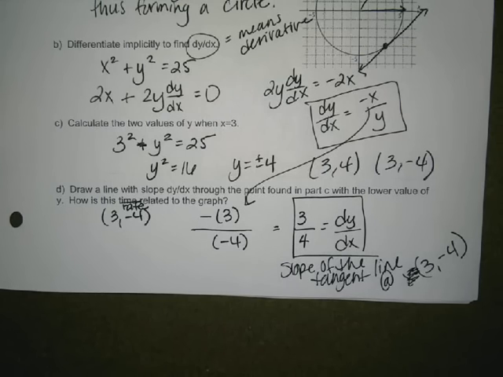So when you have an x value multiplied by a y value, you have to do the product rule. When you take the derivative of y, do you have to distribute that dy over dx through two parts, or can you just leave it outside of parentheses? You leave it outside of parentheses.